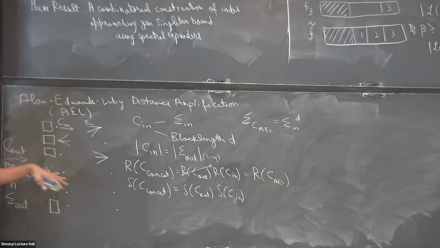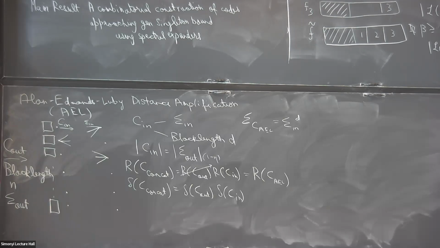But as you can imagine, the distance might increase when doing this folding, because if we have two strings that differed in some places, now they only need to differ in one of these right incident edges for that right vertex to be counted as a difference. It's a direct product kind of thing.